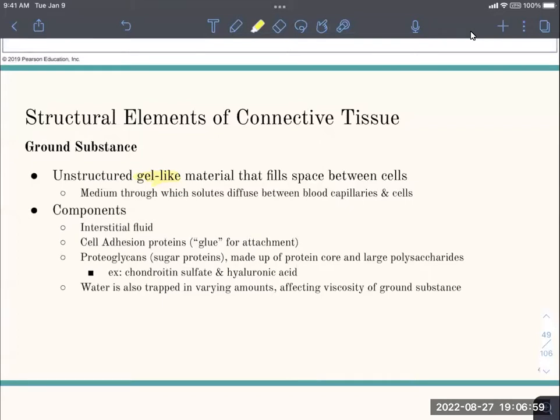We have cell adhesion proteins because they help glue these cells together. We have proteoglycans, which are sugar proteins, which make up the chondroitin sulfate and the hyaluronic acid. We also have water. We need water within our ground substance to help keep everything tensile and keep its shape.